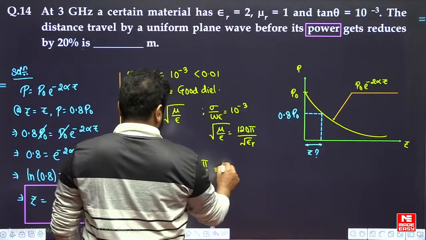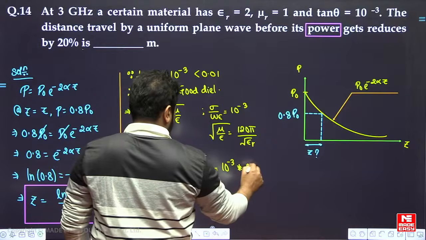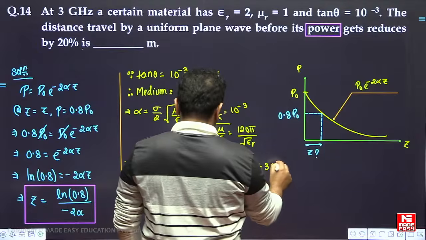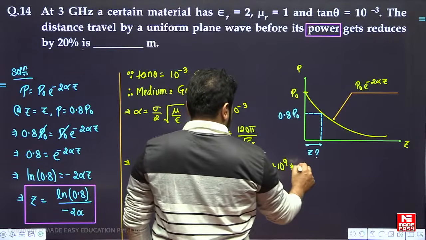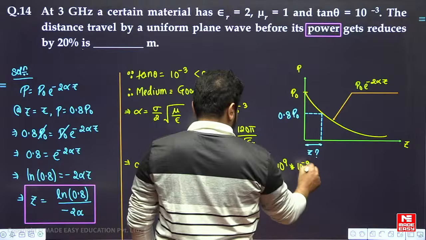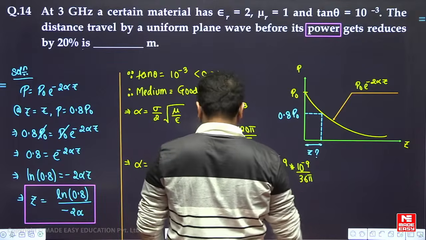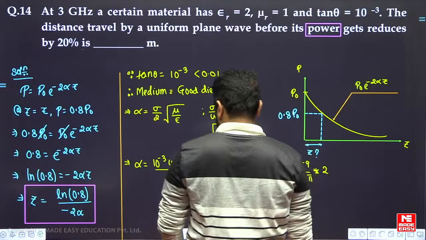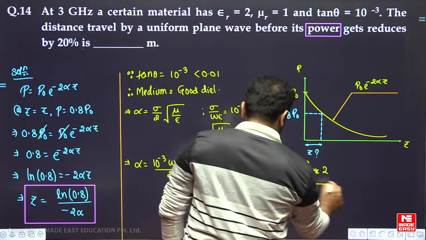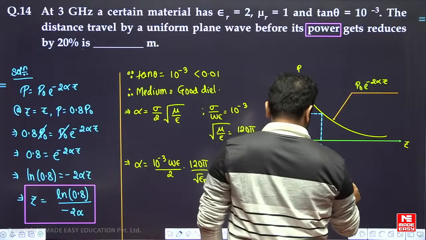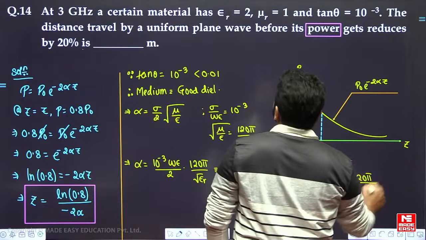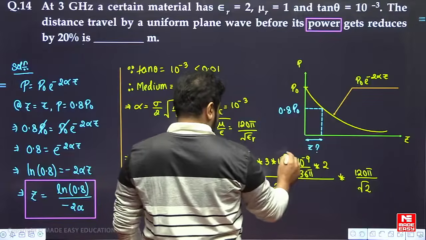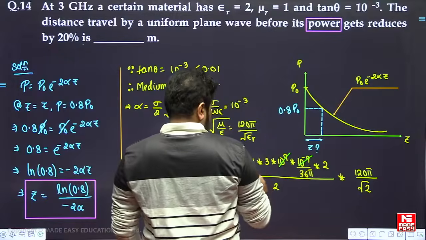So let us put the values: 10 to the power minus 3, omega is 2 pi into frequency 3 gigahertz, so 3 into 10 to the power 9, omega epsilon is 10 to the power minus 9 upon 36 pi, it will be easy to calculate, into epsilon r is 2, so this is divided by 2, into 120 pi upon root under 2. So some terms are getting cancelled, 10 to the power 9 minus 9 gone.